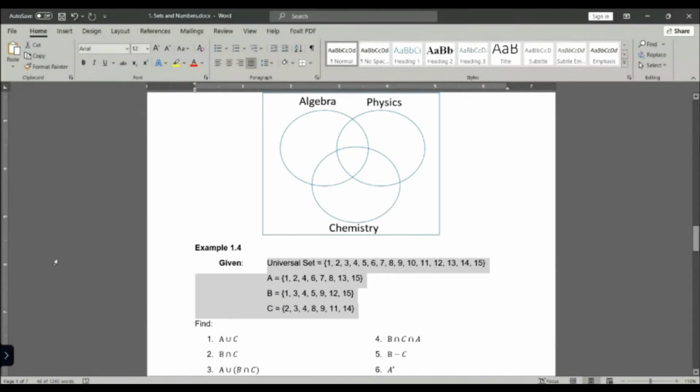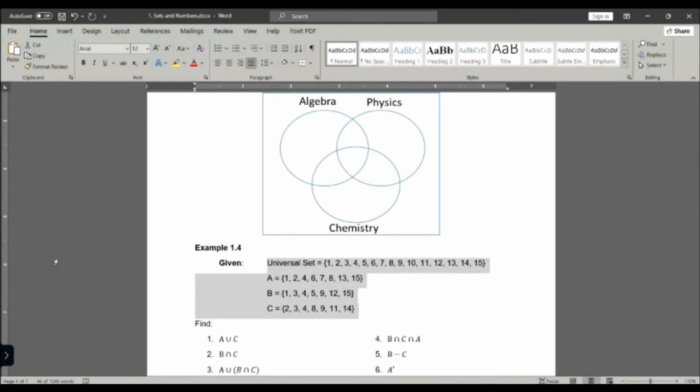Given the universal set 1 through 15, where A, B, and C are subsets of the universal set, and these are their definitions. A is defined as a set whose elements are 1, 2, 4, 6, 7, 8, 13, and 15. B is a set whose elements are 1, 3, 4, 5, 9, 12, and 15. And lastly, C is 2, 3, 4, 8, 9, 11, and 14.